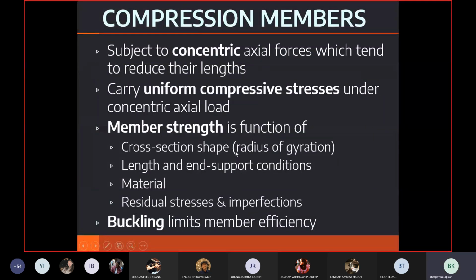could you go back and try to remember what factors affected the design strength of a tension member? Anybody? We could start with simpler ones, for example, the area of cross section.